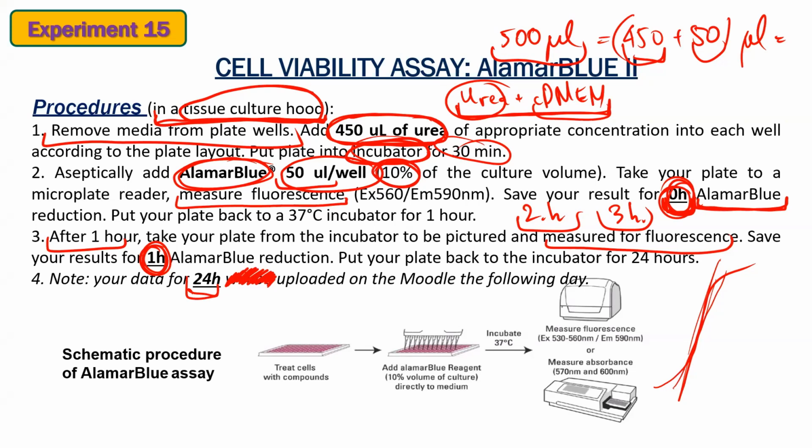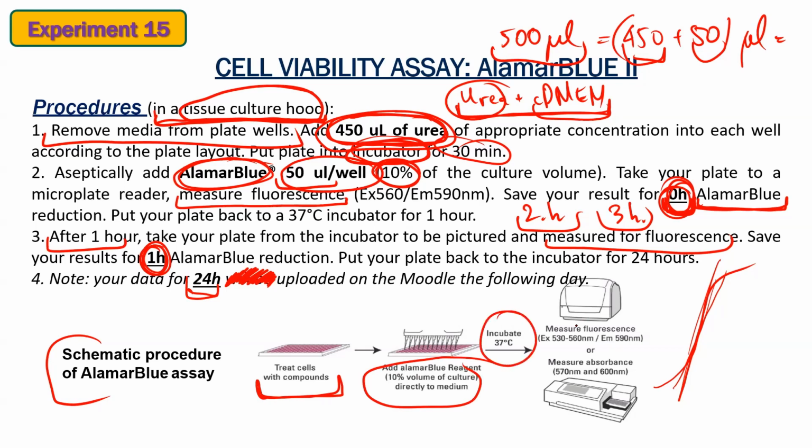Schematically, we have treatment for the cells, so addition of this urea. Then we add Alamar Blue, and we incubate it and use the VarioScan to measure the intensities of the fluorescence. If you don't have the VarioScan, but you do have the absorbance measurement for the plates, so a usual spectrophotometer, you could use it too, because Alamar Blue is universal.